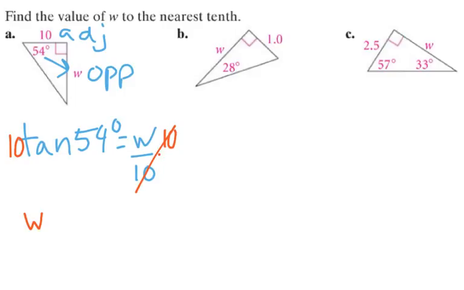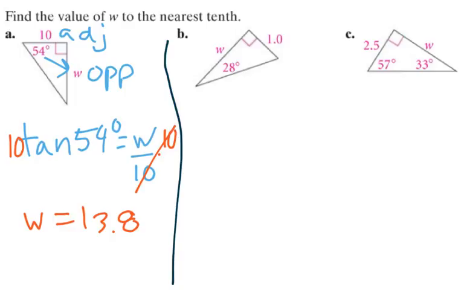So if you type into your calculator 10 times the tangent of 54, you would get about 13.8. Again, round to the nearest tenth. I got 13.76, but that rounds to 13.8. So again, the key here is to figure out what side you're looking for and what side you know.